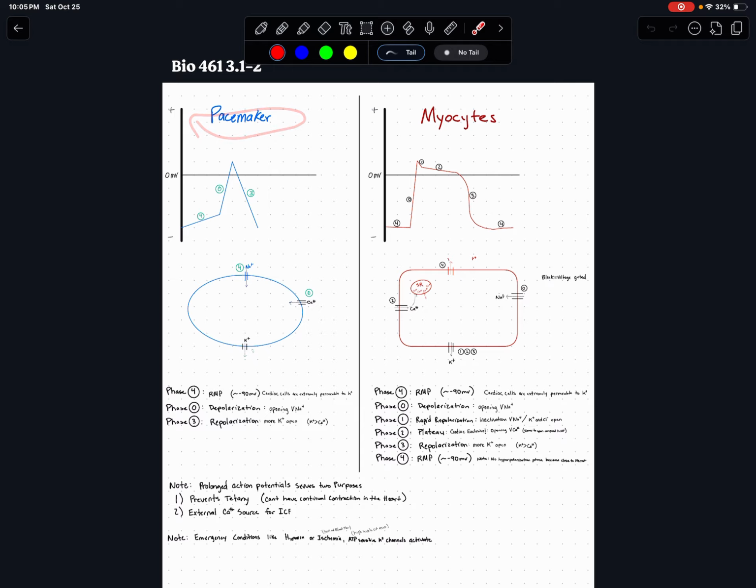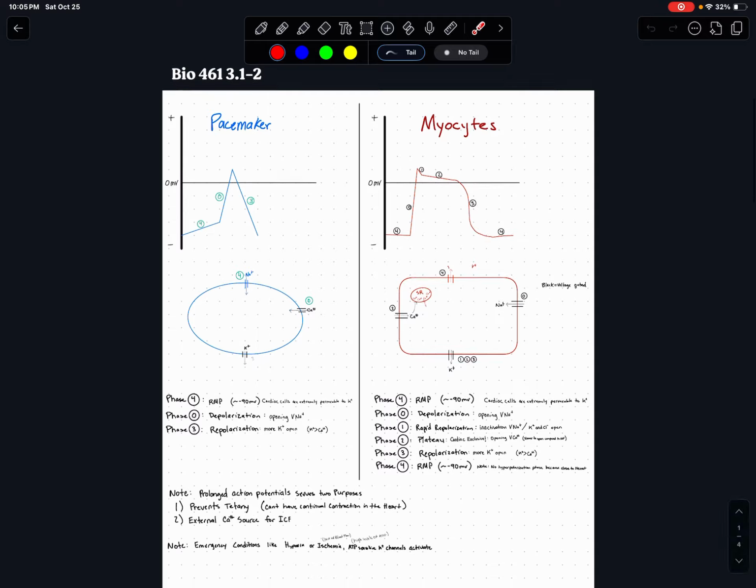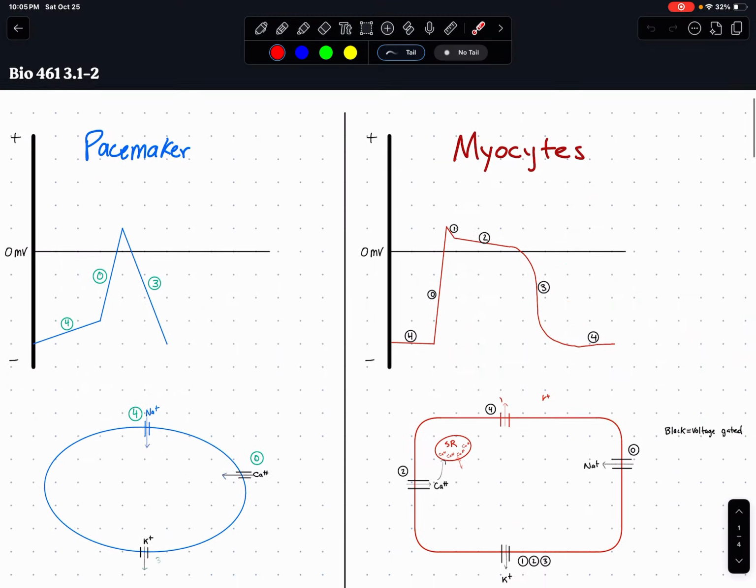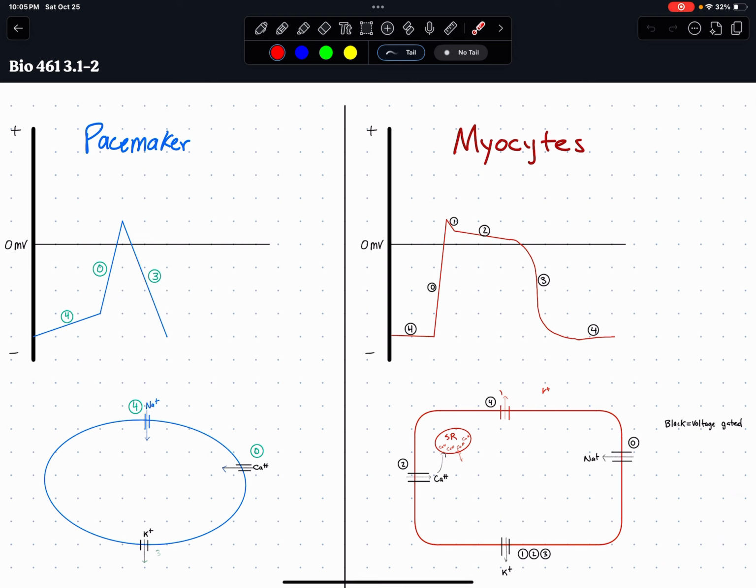The resting membrane potential is almost the Nernst potential for potassium. I'm trying to remember if it's negative 92 or 96. It's really low, and for us it's about negative 90. So it's super close to the Nernst potential for potassium because the cell is extremely permeable to potassium. So these cells are super negative. As you can see, there's actually no hyperpolarization like we're used to seeing on action potentials.